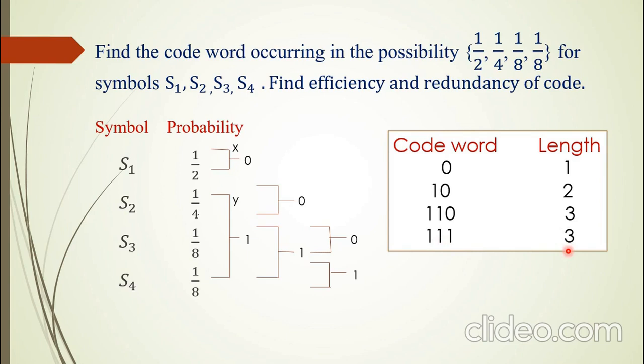And that's how we can derive the Shannon-Fano encoding of symbols.